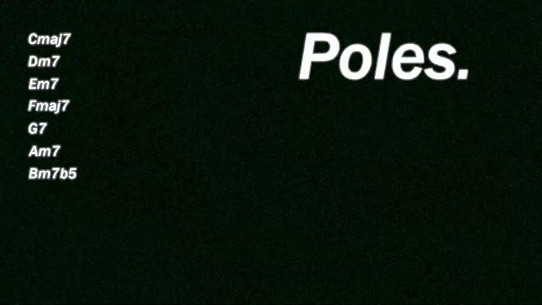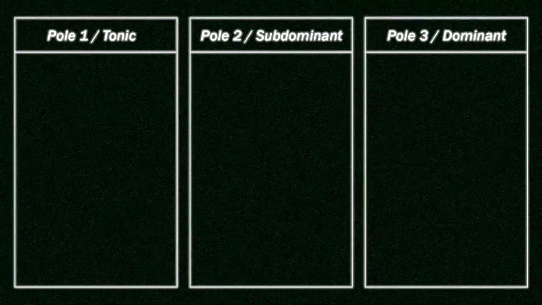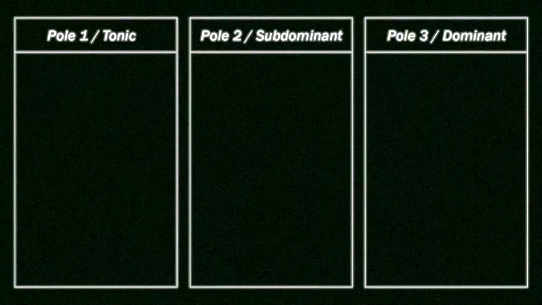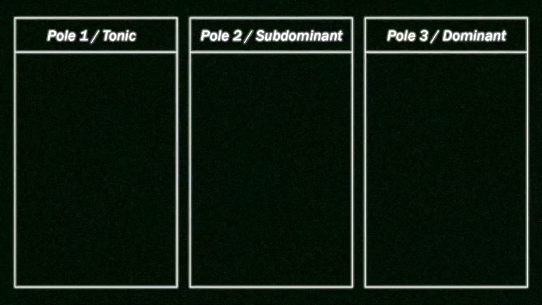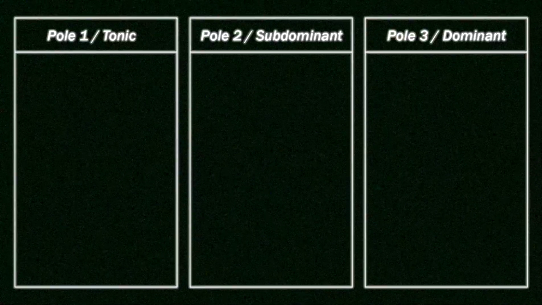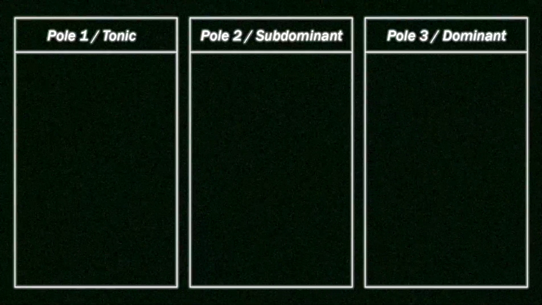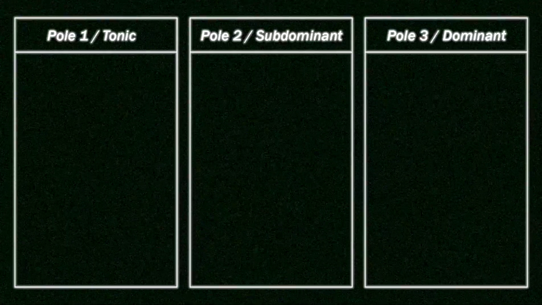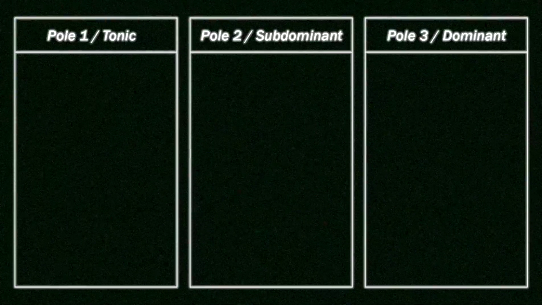Well, out of our 7 diatonic chords, we can organize them into groups from most resolved sounding to least resolved sounding. These groups are called poles. We have 3 poles to organize each diatonic chord into. Pole 1 has tonic chords, pole 2 has subdominant chords, and pole 3 has dominant chords.